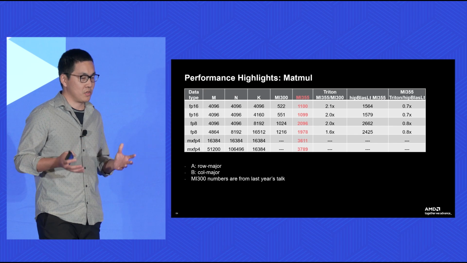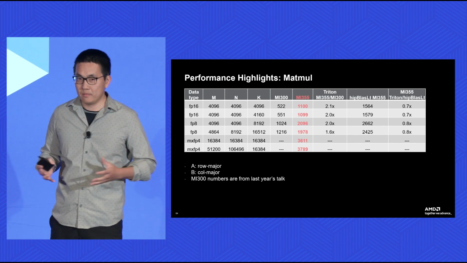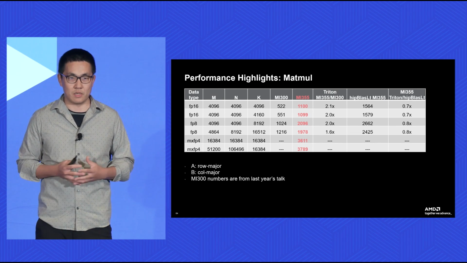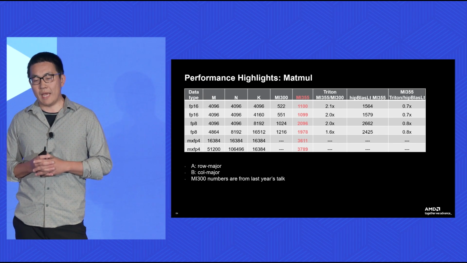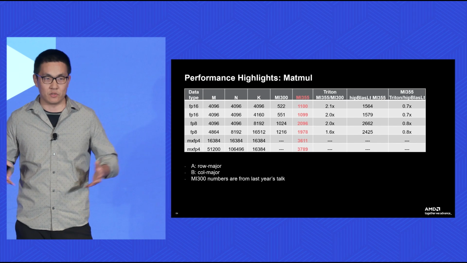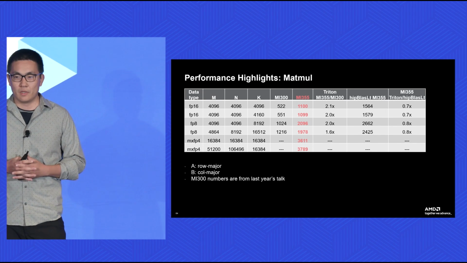And the HIP-LT numbers are after auto-tuning, but Triton's numbers are just out-of-the-box compiler results. And even with that, we can achieve 70 to 80% of HIP-LT performance, which is quite impressive for a generalized compiler.